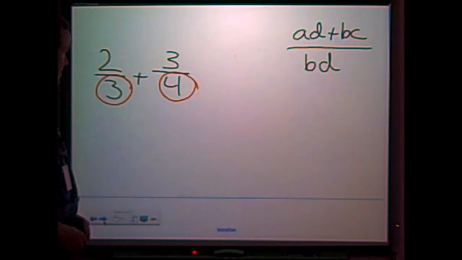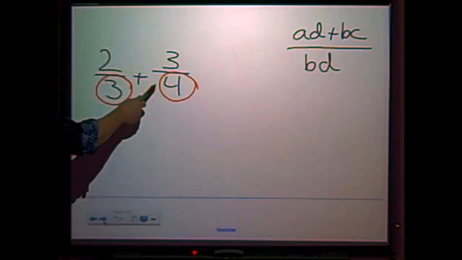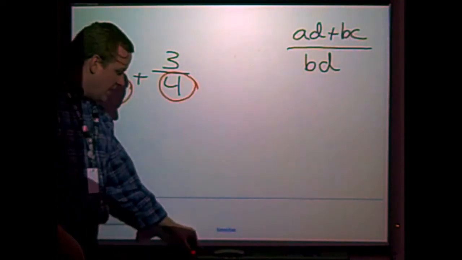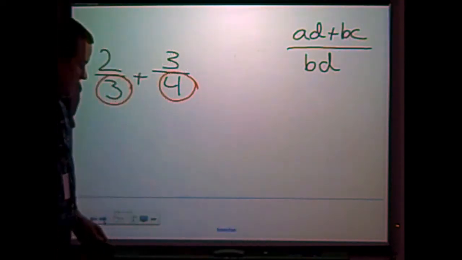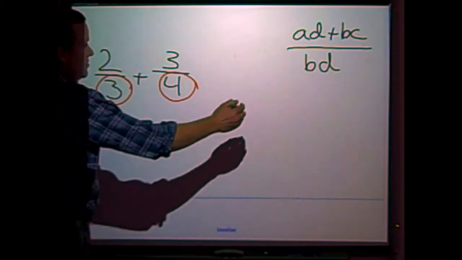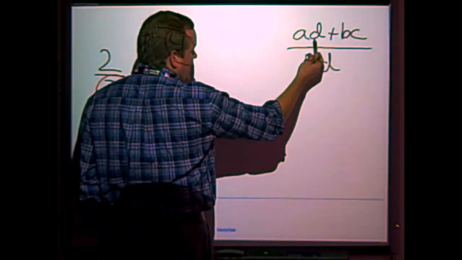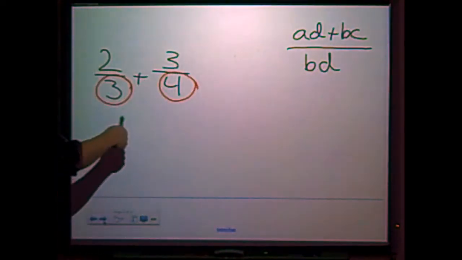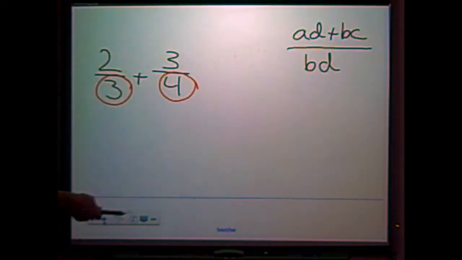I'm going to go to the next page here. As you can see, I've labeled my two unlike denominators, 3 and 4. The next part of our sequence, folks, is we're going to use this formula, AD plus BC over BD, to try and solve 2/3 plus 3/4.